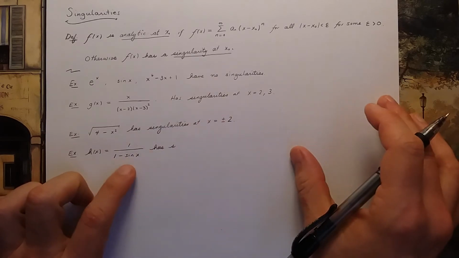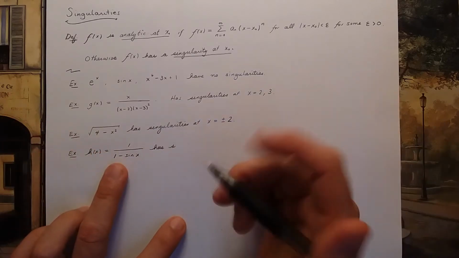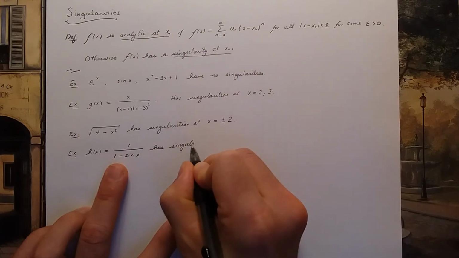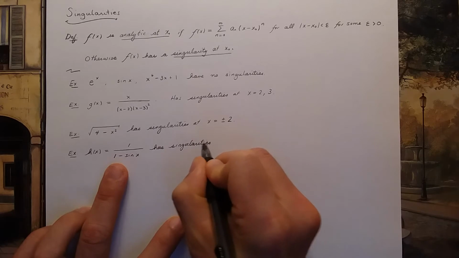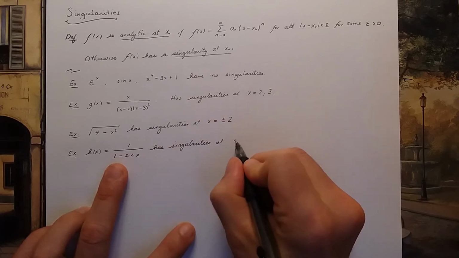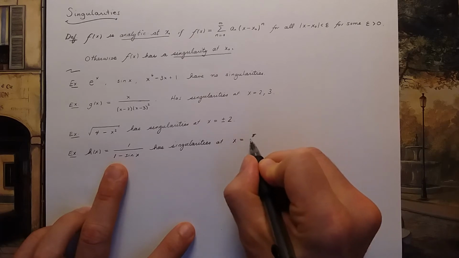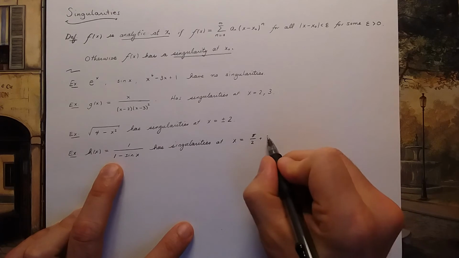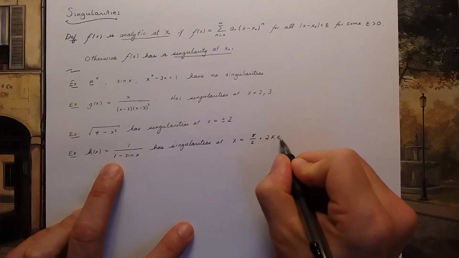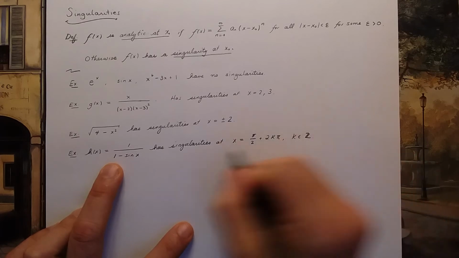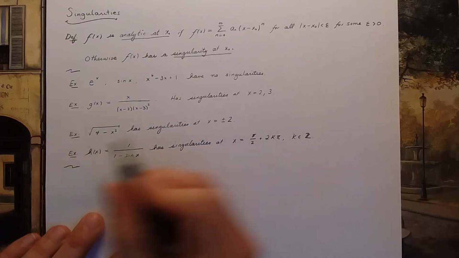So if I'm dividing by 0, then I have a singularity. So this has singularities at any value of x equal to pi over 2, because that's when sine x is equal to 1, plus any integer multiple of 2 pi. So there are a lot of singularities for this function.